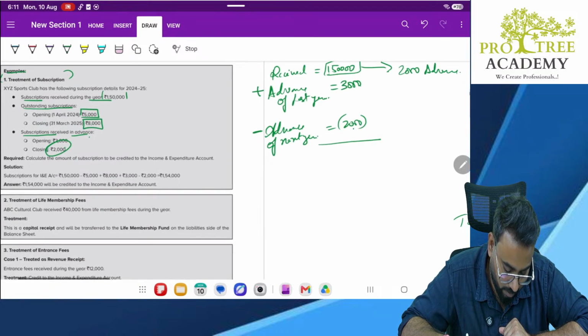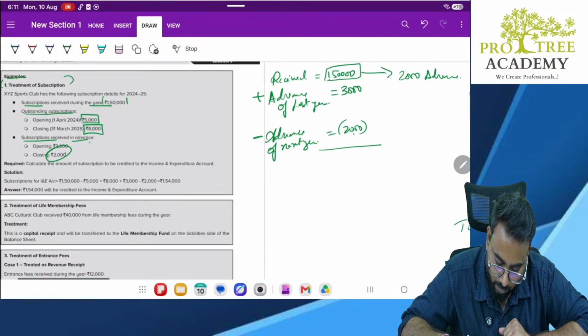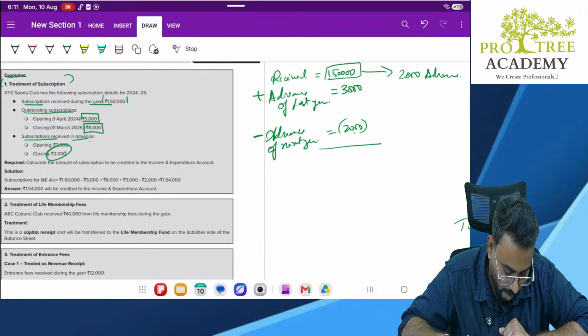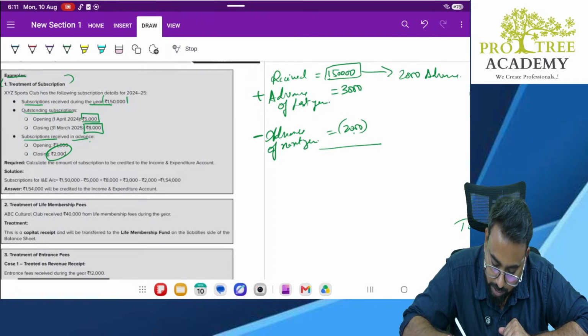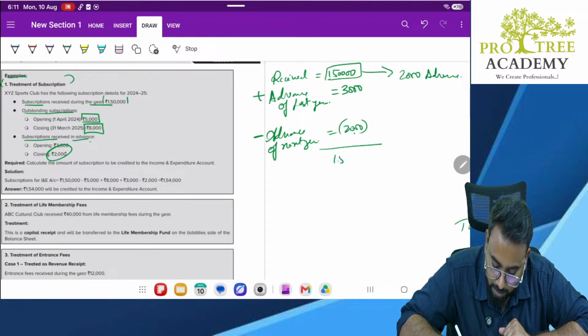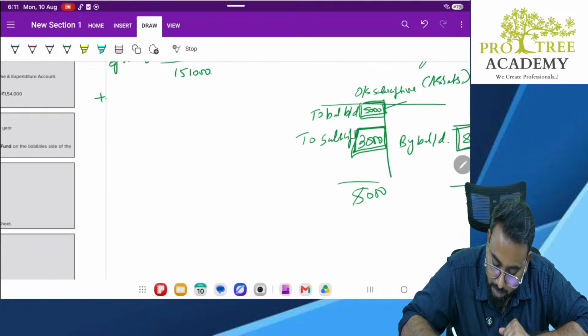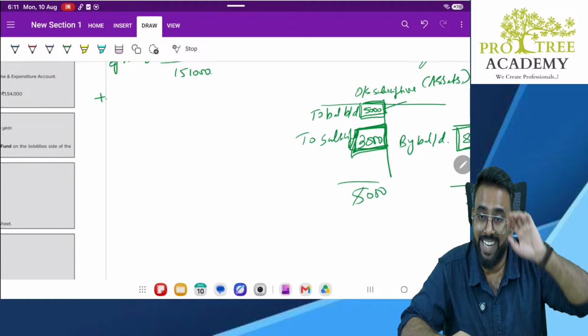Then what else? So do this net: 1,53,000 minus 2,000 is 1,51,000. Plus, see here, this subscription is not yet received.